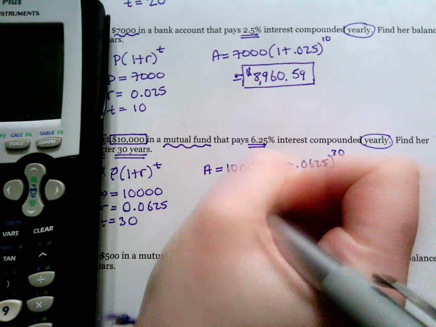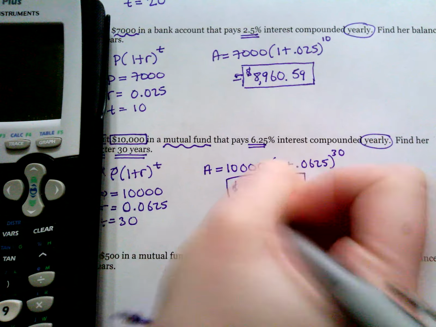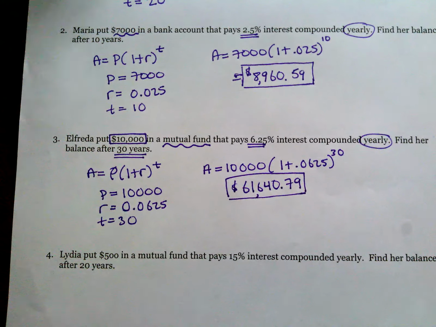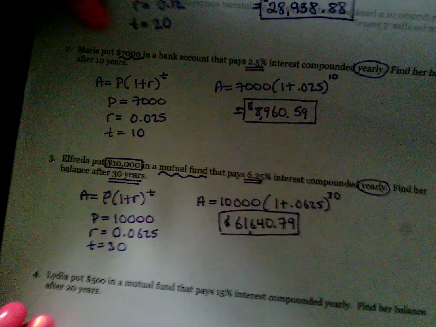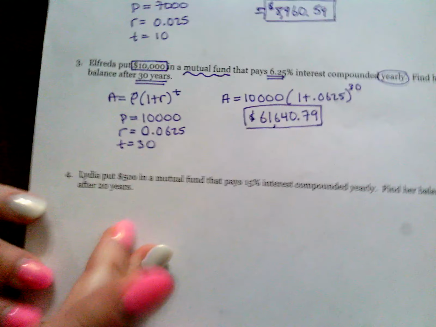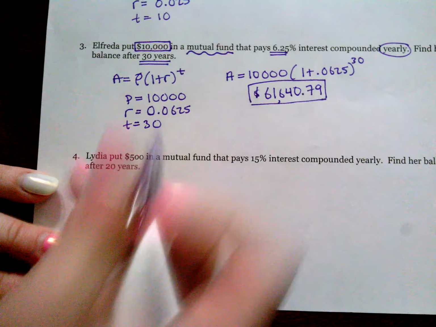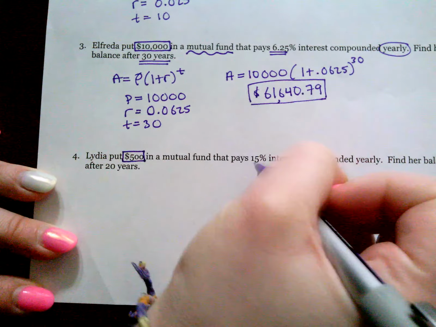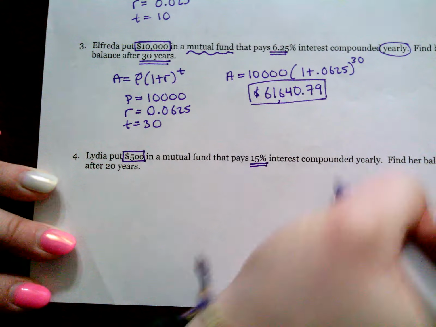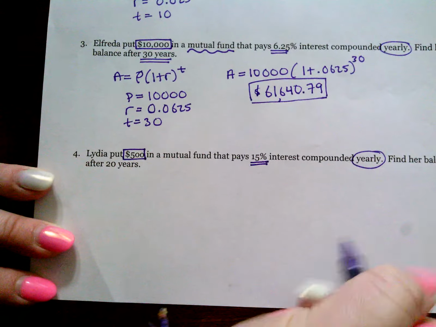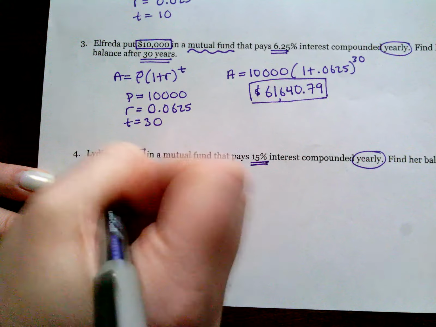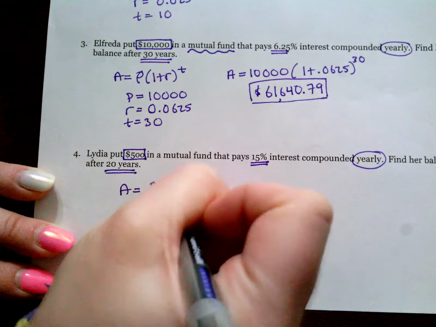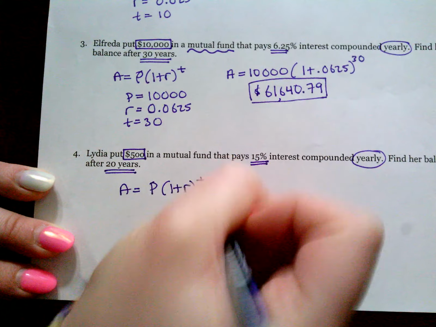Lydia put $500 into a mutual fund that pays 15% interest, also compounded yearly. Find her balance after 20 years. So A equals P times 1 plus r to the power of t. P, the amount she started with, is 500. The rate is 0.15, 15%. And t is 20 years.